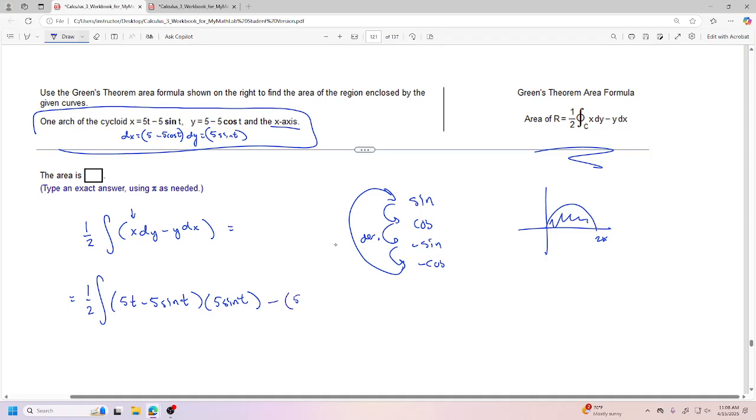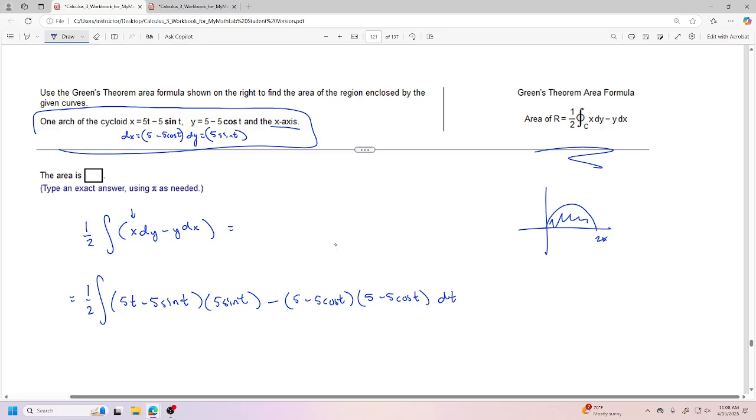Y. Oh, about to mess up there. And then dx. I'm going to get rid of my chain, sorry. It's kind of getting in my way now. dt. They both had a dt.